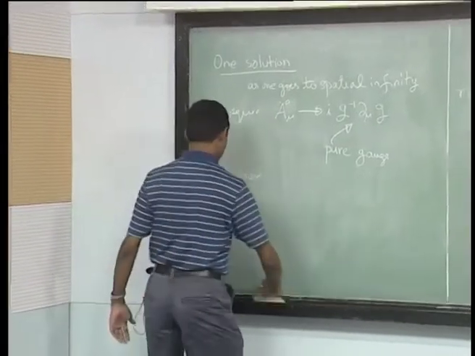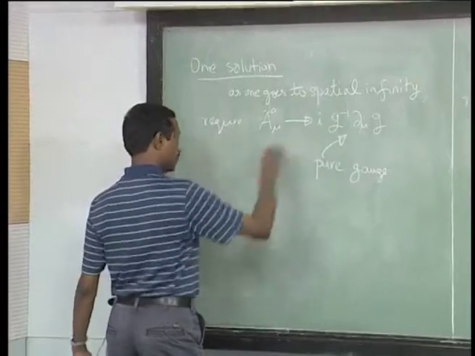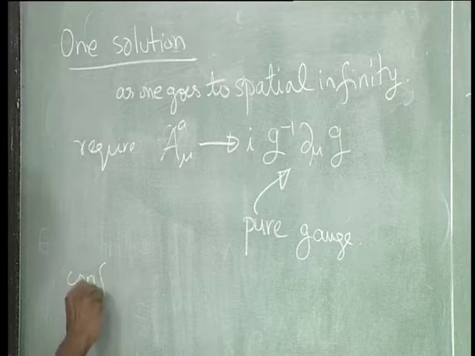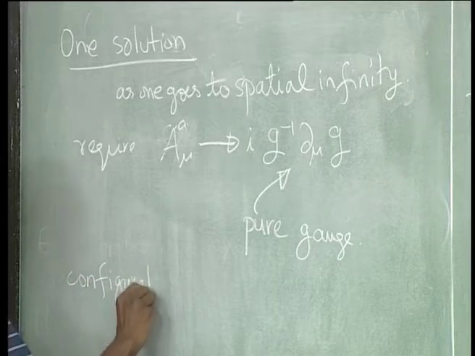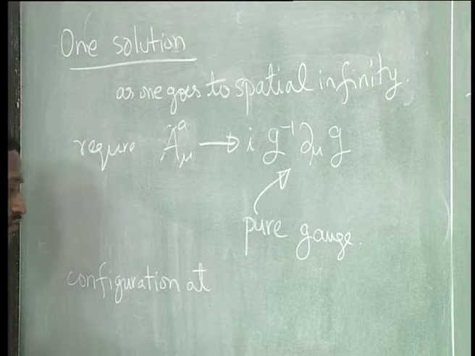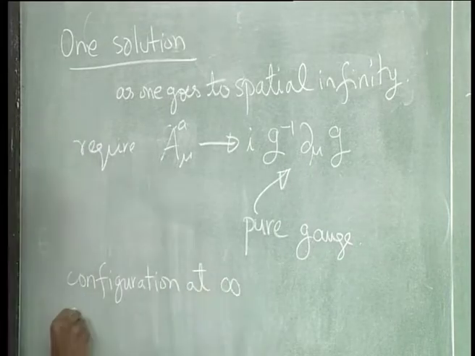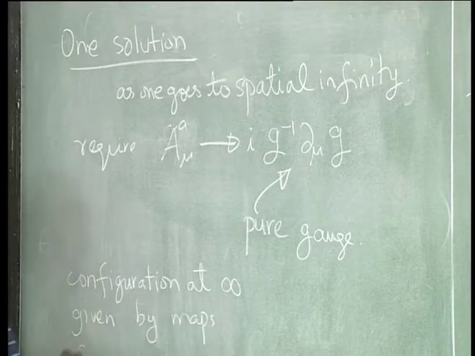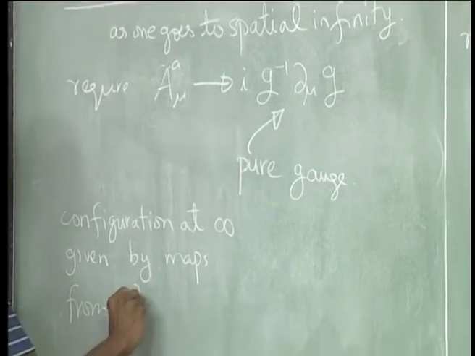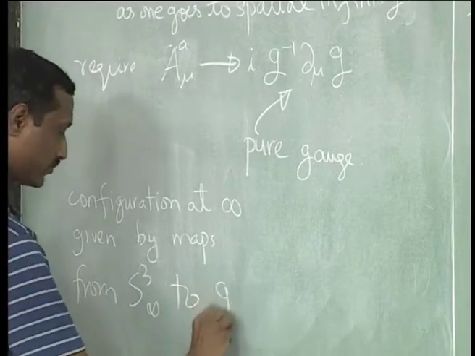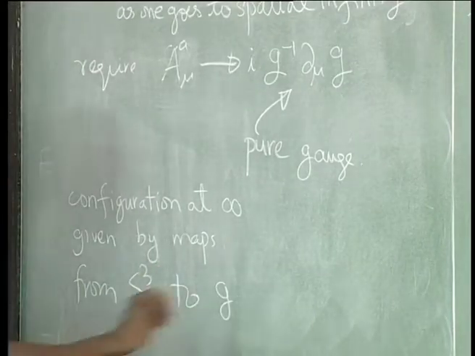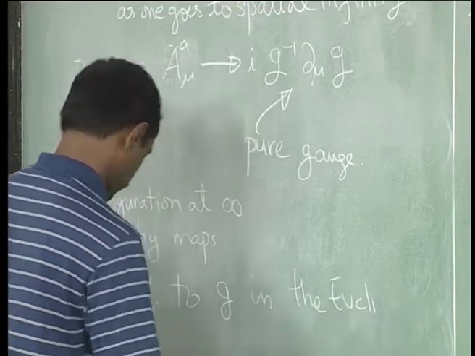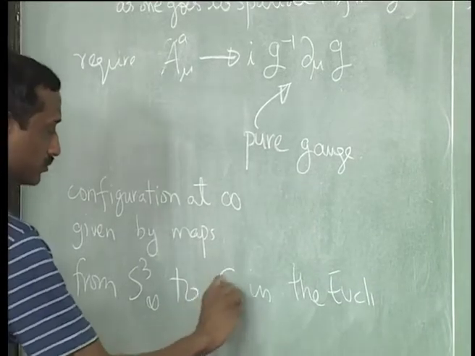So, you have configurations at infinity given by maps from S3 at infinity to G, the group element, not little g.